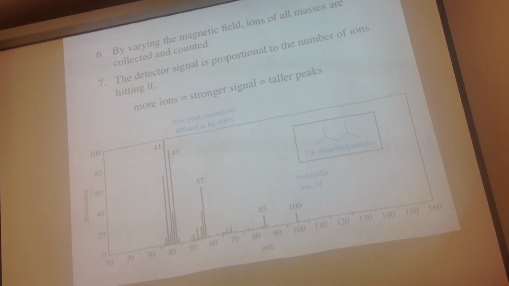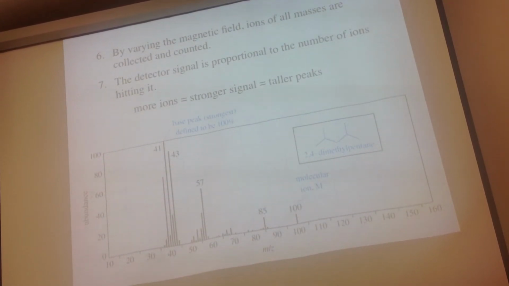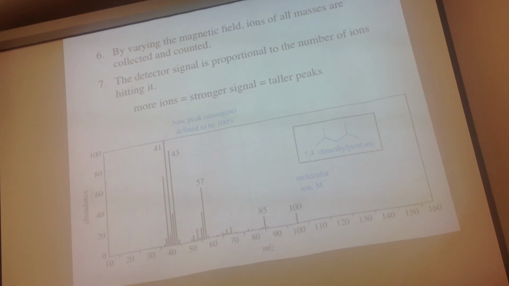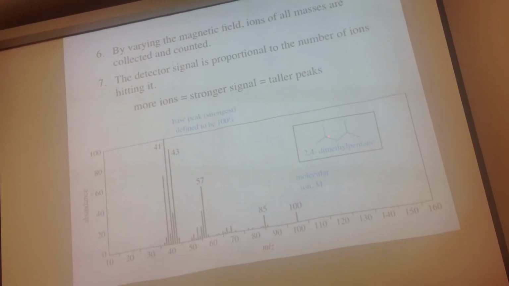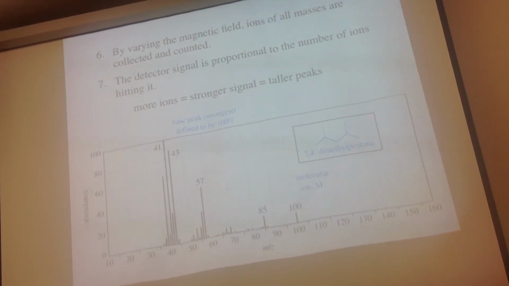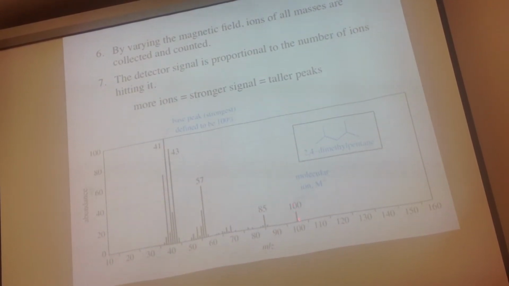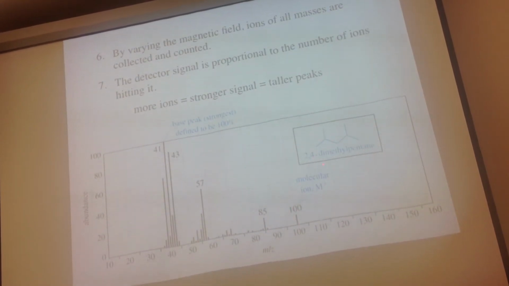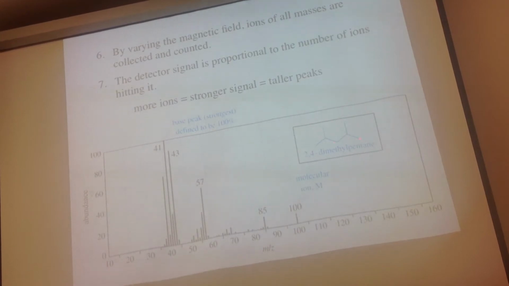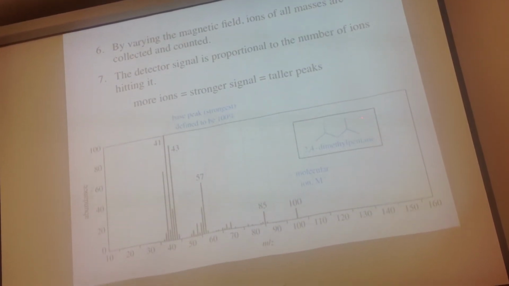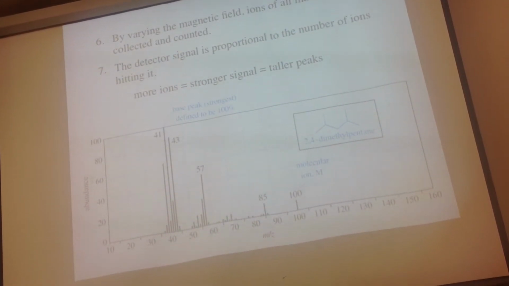So the computer said, okay, that's 100%. Everything else is relative to that. One thing to notice here, if you did this molecule's molar mass, it would come out to be 100 when you count up the C's and the H's. Look at that, we got a small peak at 100. So for some of these, an electron was stripped out, and some of these flew through intact. Most of them fell apart.